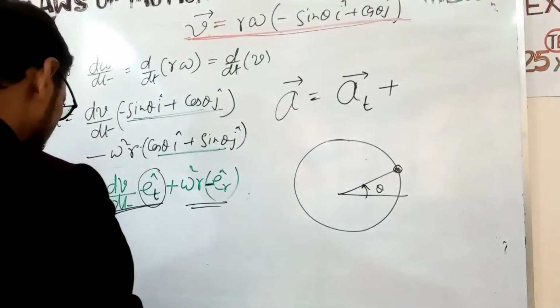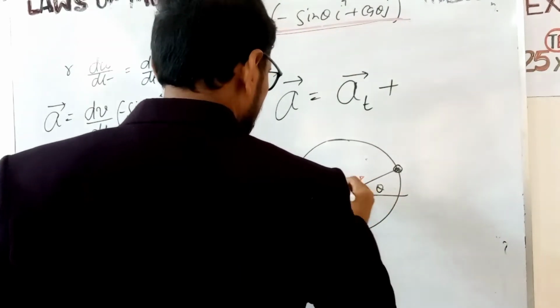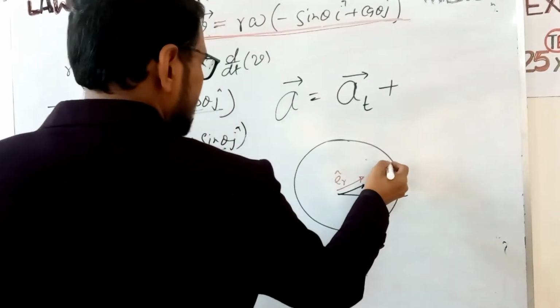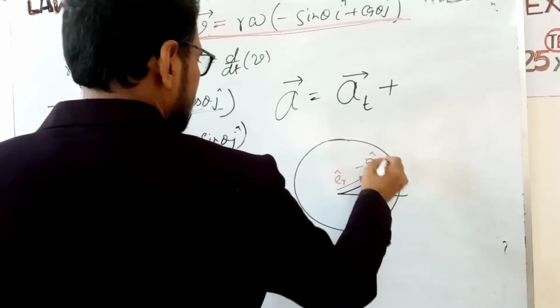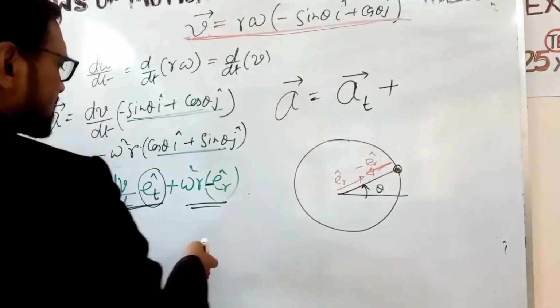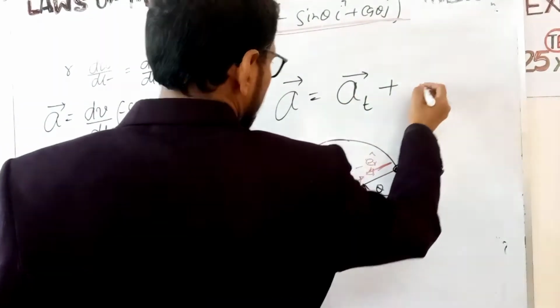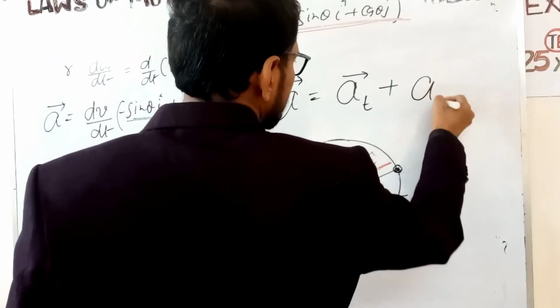Now what is the direction of er? The direction of er is along this. So minus er means the direction is in this direction. So this vector acts towards the center.